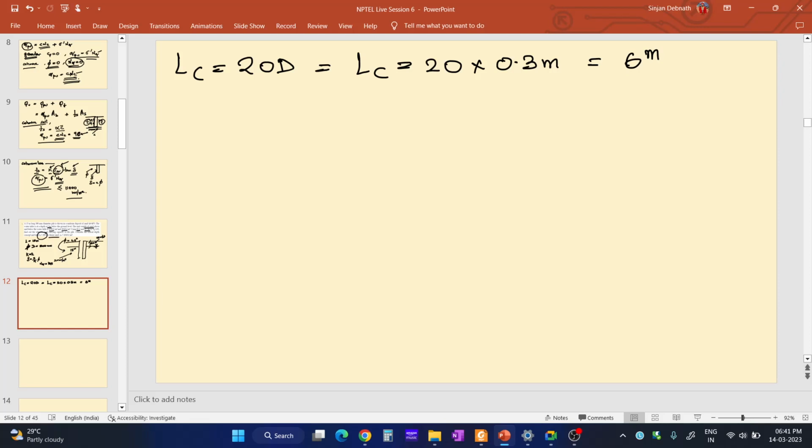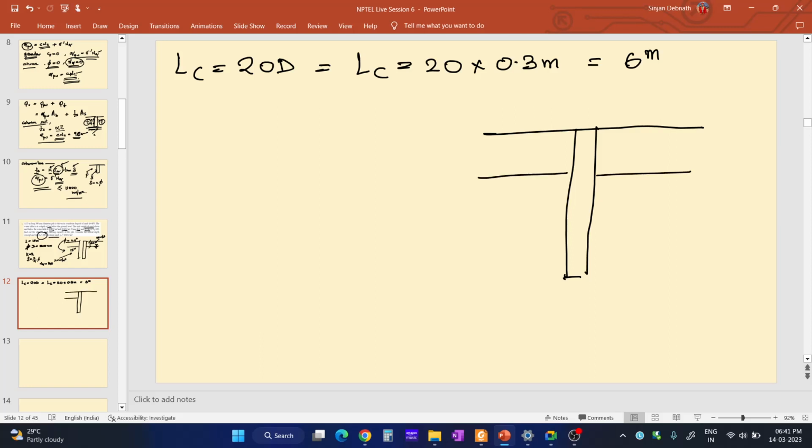So that means here is the pile, below 2 meter there is a water table, the length of the pile is 15 meter. So critical depth is 6 meters. Suppose up to this is the critical depth.